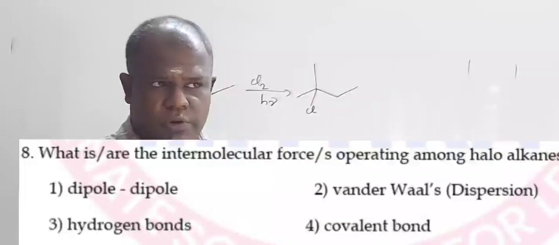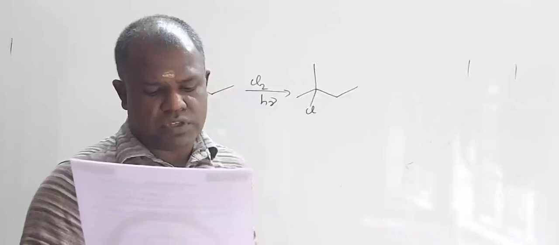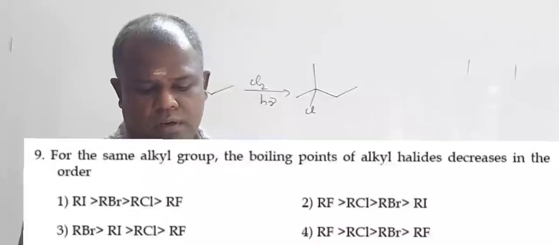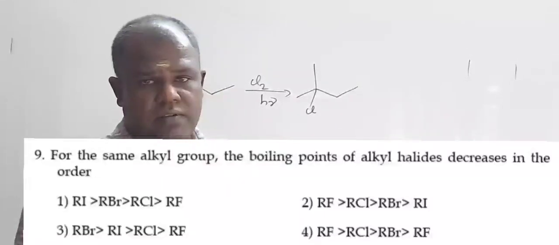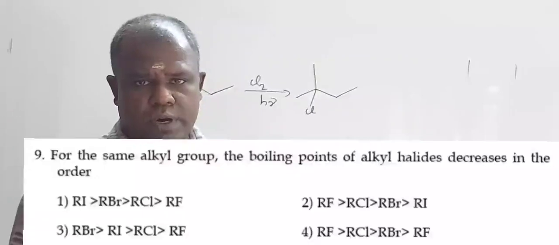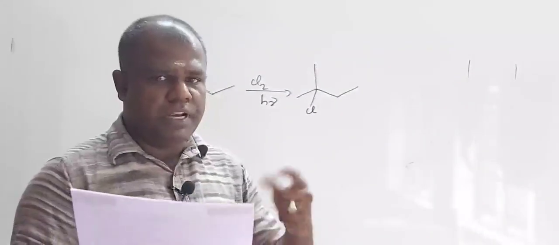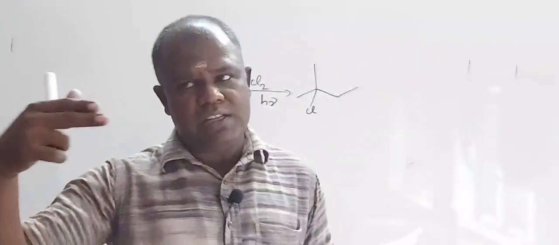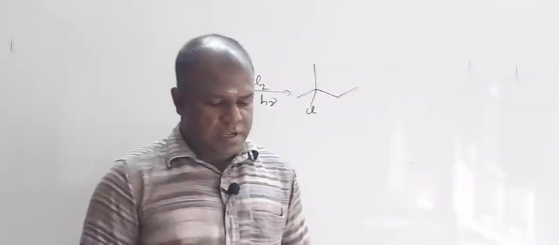The carbon to X bond is polarized, so dipole-dipole interaction is the main force. For the same alkyl group, the boiling point of haloalkane decreases in which order? The halogen is different: fluorine, chlorine, bromine, iodine. The R group is common, so depending on the halogen, the boiling point increases. RF has the lowest boiling point, RCl more, RBr still higher, RI the maximum. Find the option and tell me as assignment.